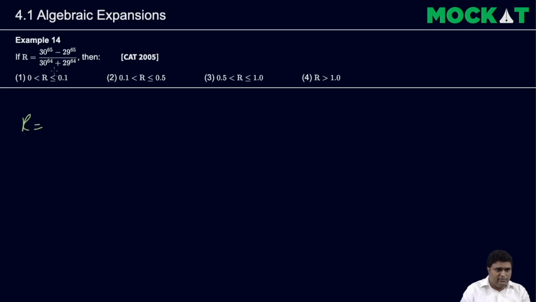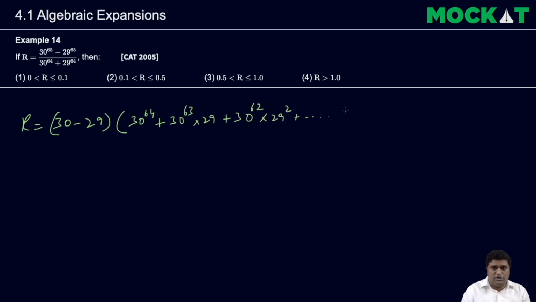R equals a minus b, right? 30 minus 29 into a power n minus 1, right? 30 power 64 plus 30 power 63 into 29 power 1 plus 30 power 62 into 29 square, and this continues.